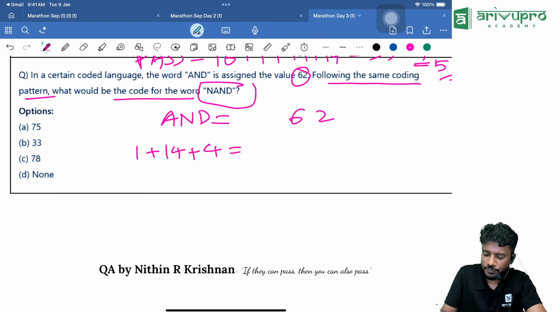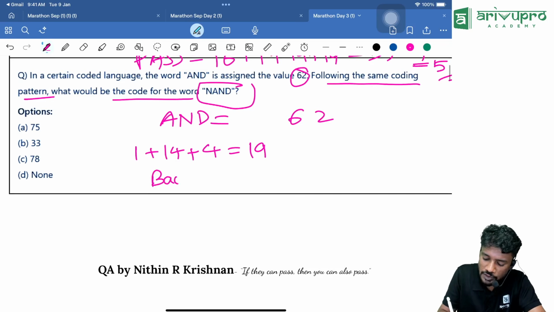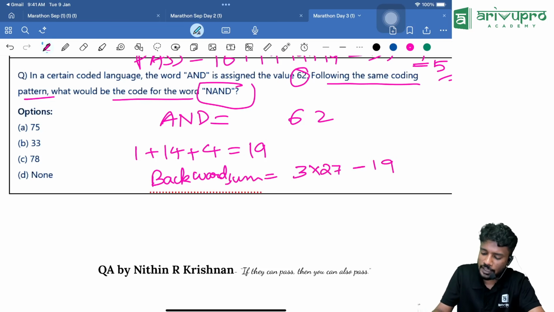How much is it? It is equal to 19. But is 19 equal to 62? No. That means it is not as per the forward position. It is as per the backward sum. Backward sum is equal to 3 into 27 minus 19. That is equal to 62.